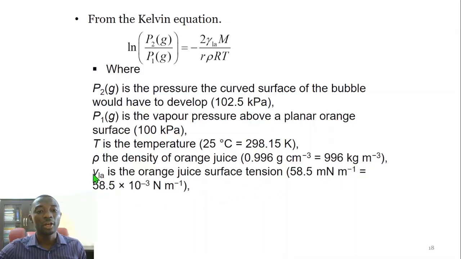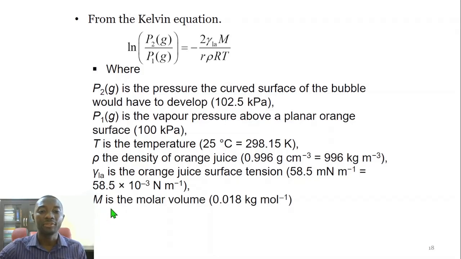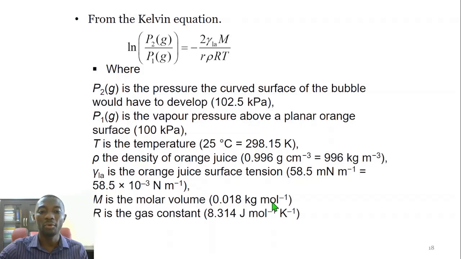Gamma sub LA is the orange juice surface tension, which is 58.5 millinewton per meter, equal to 58.5 times 10 to the power of -3 Newton per meter. M is the molar volume of the juice, which is 0.018 kilogram per mole.